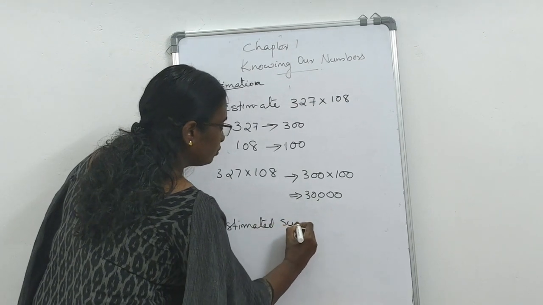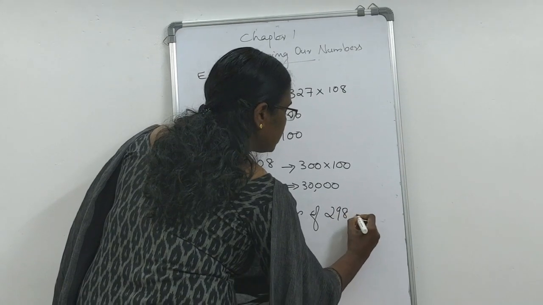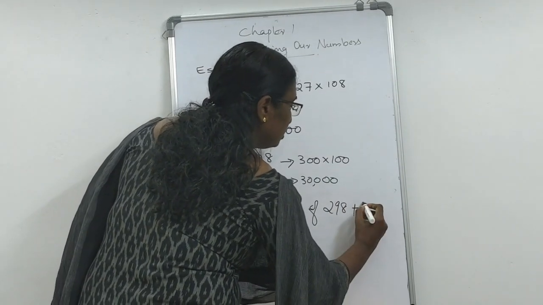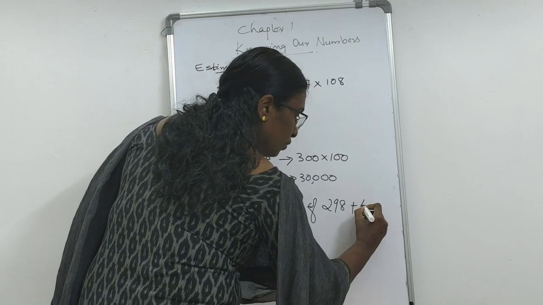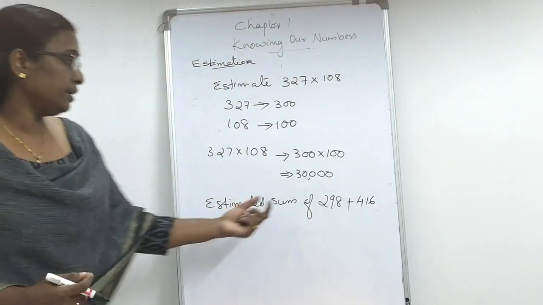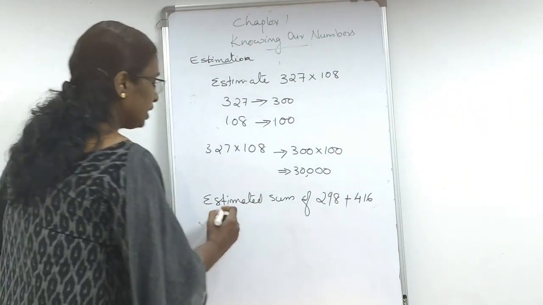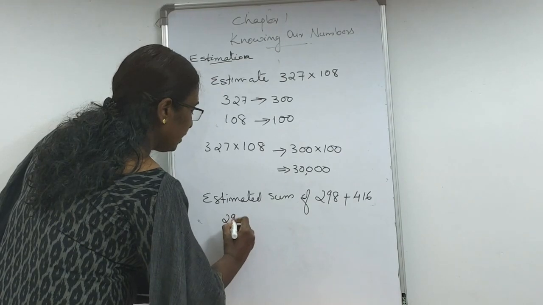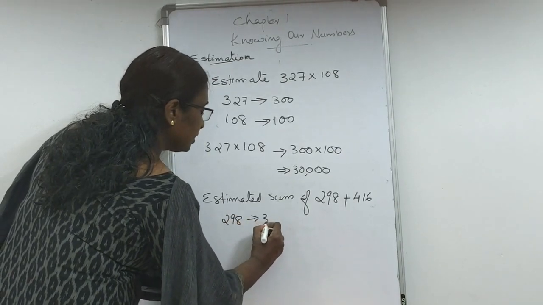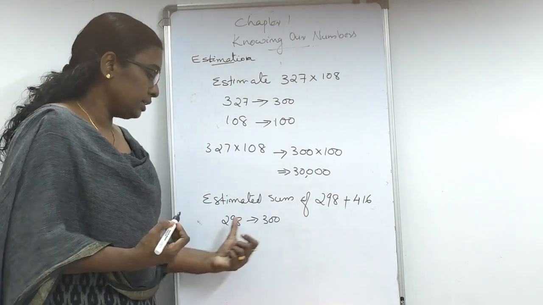Then find the estimated sum of 298 plus 416. First we find the estimated number of both these numbers. The estimated number of 298 is 300 because this number is closer to 300 than 200.